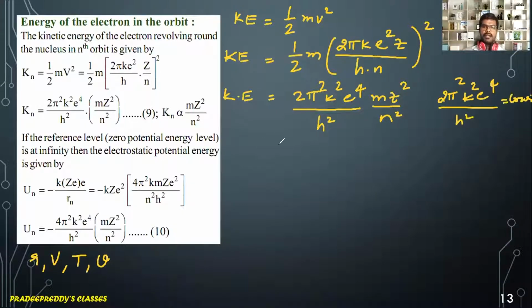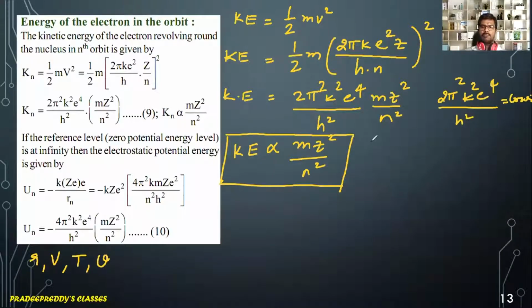Therefore, if you take this all as constant, you can write kinetic energy is directly proportional to m z square divided by n square. So kinetic energy of the electron is directly proportional to the square of the atomic number. As atomic number increases, the kinetic energy of that particular electron also increases.